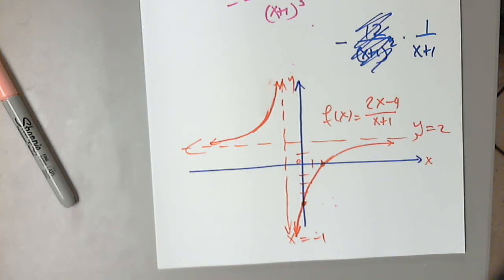Okay, any questions? How did we determine that y equals 2 is the horizontal asymptote over here? By finding the limits.